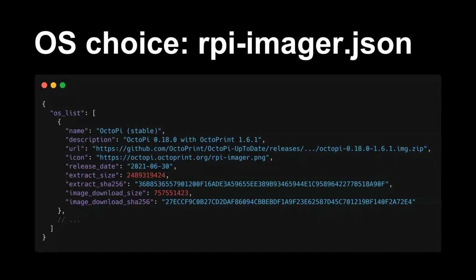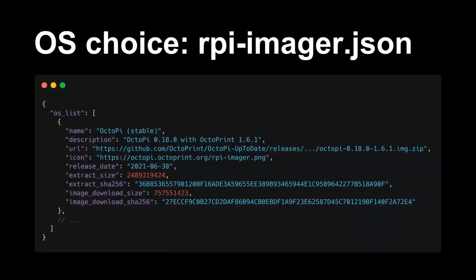And how this works is that the Raspberry Pi imager JSON on the Raspberry Pi side, the one that gets used by the imager tool, will then contain a reference to an endpoint of your own, where a JSON file like this one is hosted, and merge that in then.